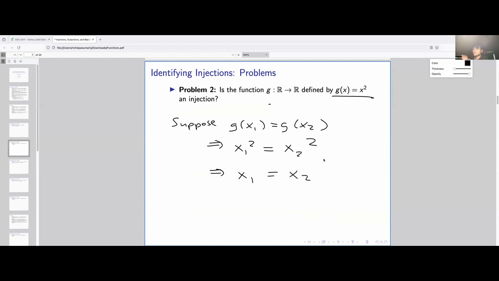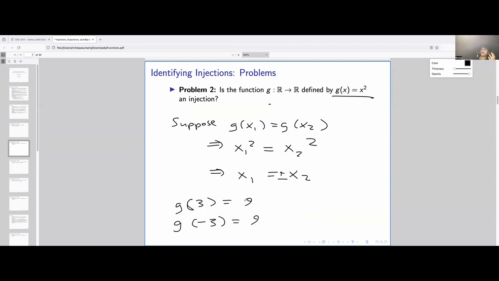But this is actually a mistake. x1 does not equal x2. In fact, x1 actually equals plus or minus x2. Here's a way to see it. g of 3 is equal to 9, and g of negative 3 is also equal to 9.